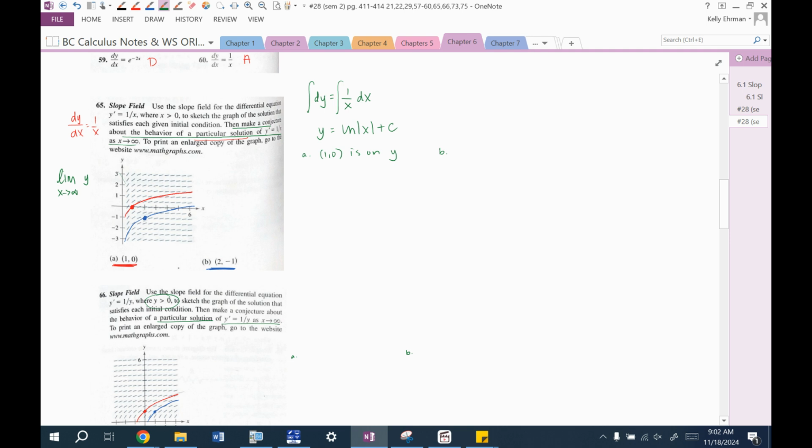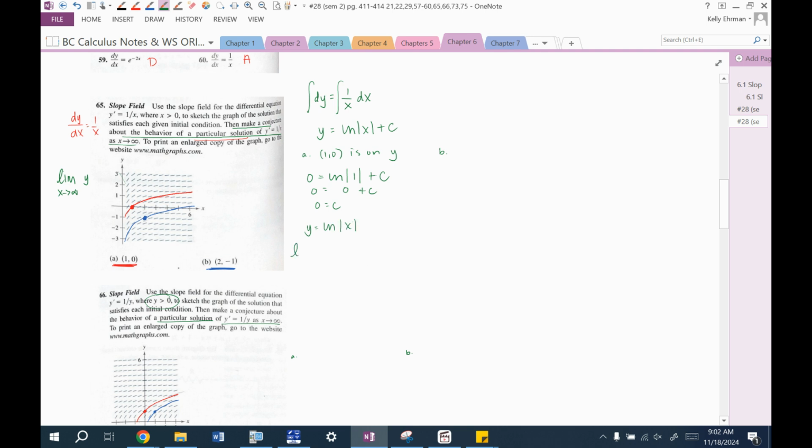So that means I should be putting in 0 for y and 1 for x and solving for c. You need to know that natural log of 1 is 0. Some of you didn't simplify that on our chapter 5 test, so it is important. So c is just 0, so y equals natural log absolute value of x.